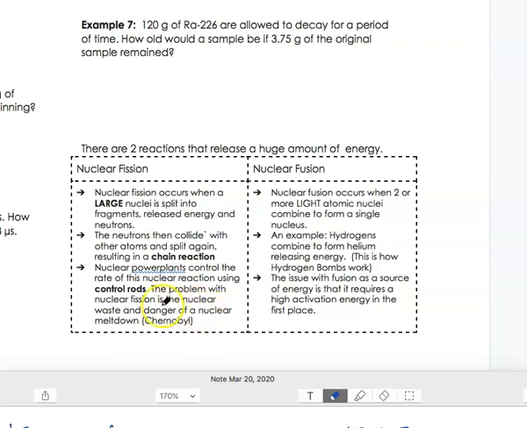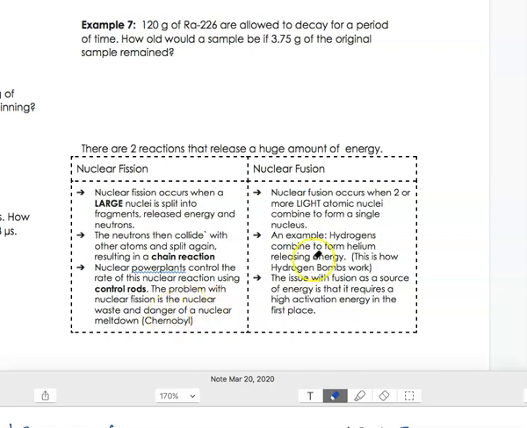So we typically use control rods to monitor that. But again, any error can lead to danger. And so that is why we don't really have nuclear reactors in the first place, but some countries do use them.